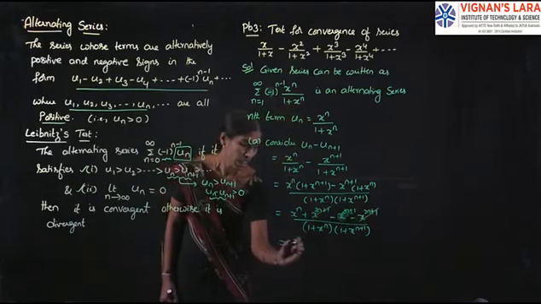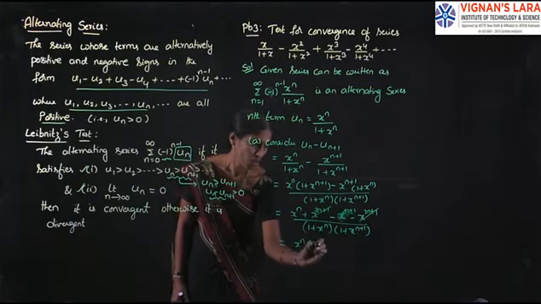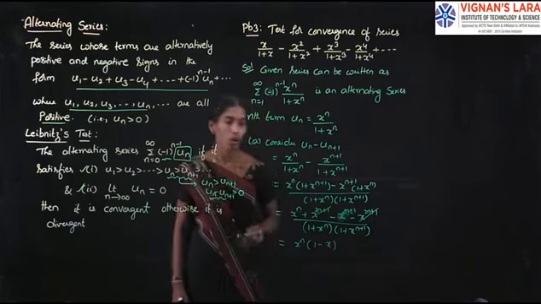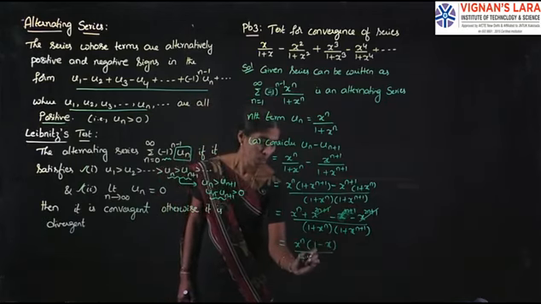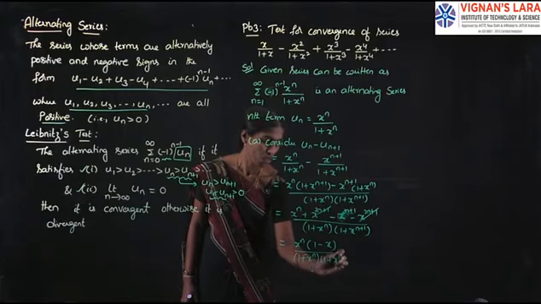Now taking common x to the power n from the numerator, remaining is 1 minus x by 1 plus x to the power n into 1 plus x to the power n plus 1.